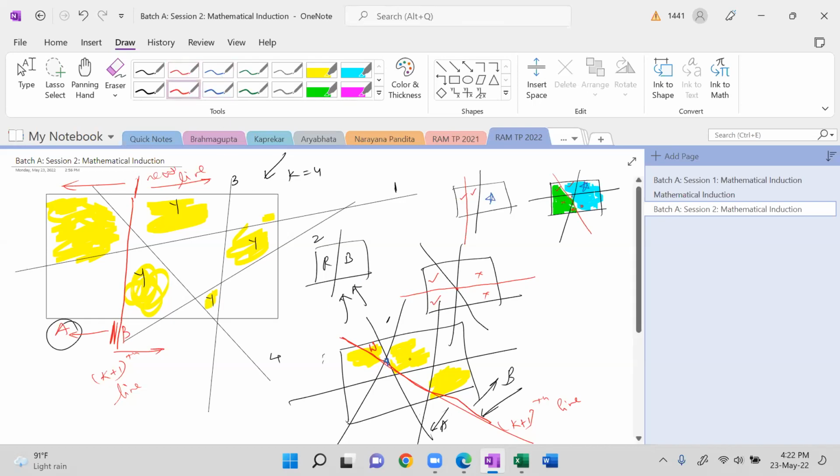And then you had a yellow here, so this is white. And then you had a white here, so this becomes yellow. And then you had a yellow, so this becomes white. You're just going along that particular line, and we are just swapping those colors. So when you swap those colors along that line, on one side you have a different color, on the other side you have a different color.